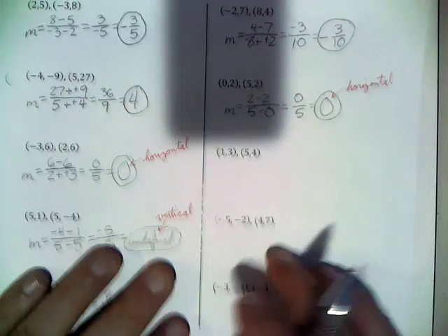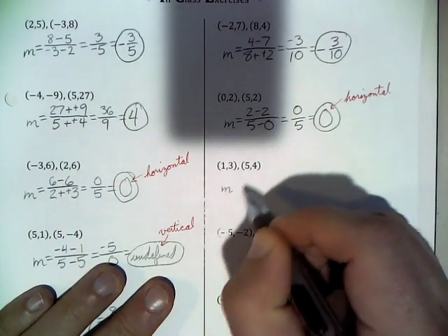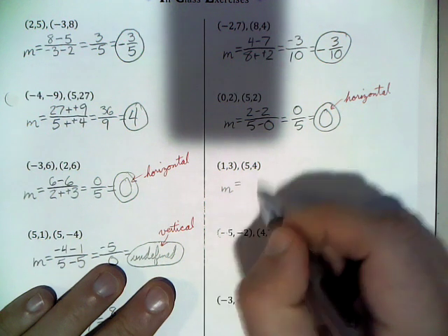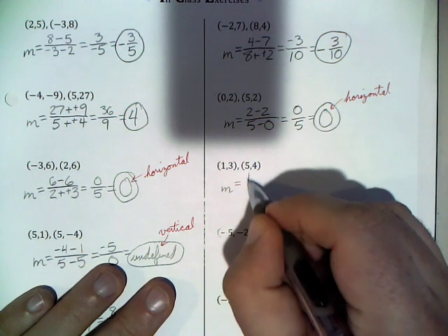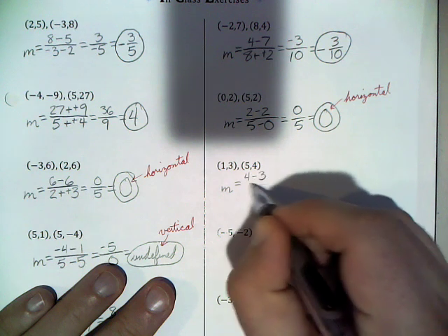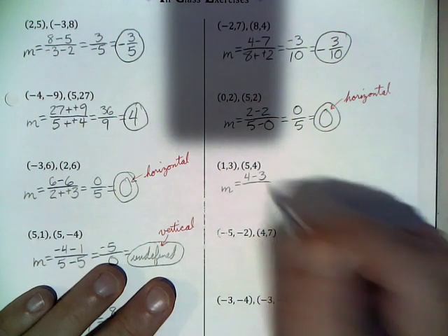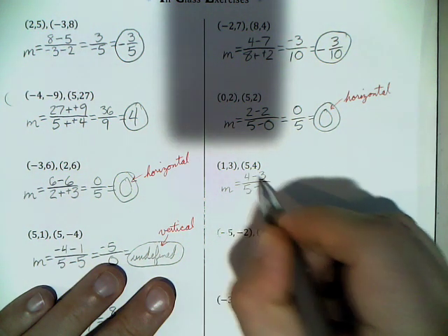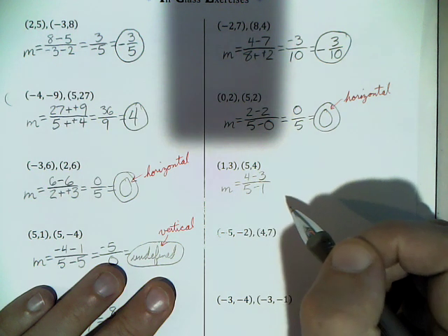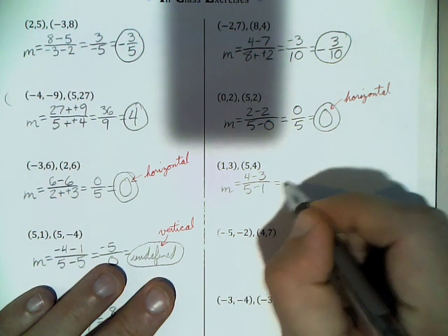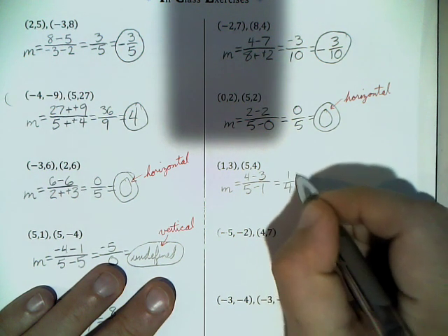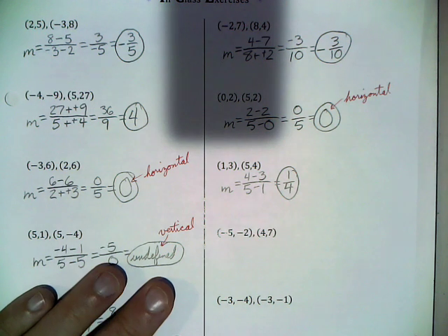All right, next example. m equals y sub 2 minus y sub 1, so 4 minus 3, over x sub 2 minus x sub 1, 5 minus 1. That's 1, that's 4, and that's nice and simplified.